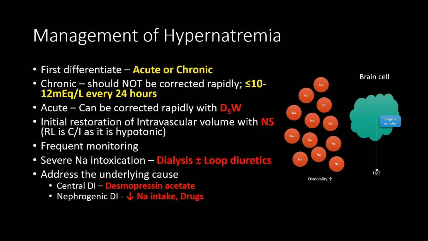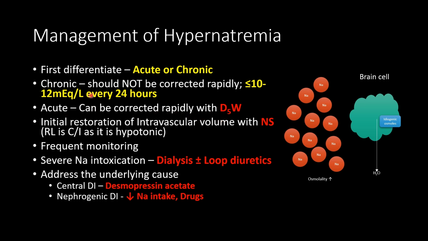As the brain cell size relatively normalizes over a long period of time, this state of equilibrium will be maintained. So when hypernatremia is there, similar to hyponatremia, we have to first differentiate whether it is acute or chronic, because if it is acute, we can correct it rapidly with distilled water or 5% dextrose. But if it is chronic, we cannot correct it rapidly.